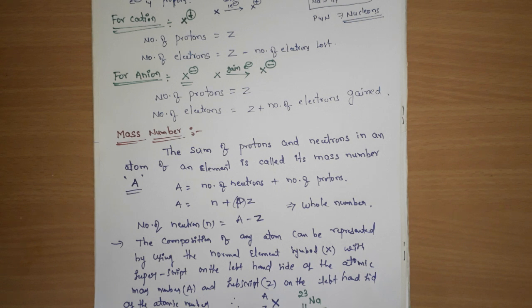That's why we can neglect the mass of the electrons. That is the reason for calculating the mass number we consider only the number of neutrons and protons present in the atom.